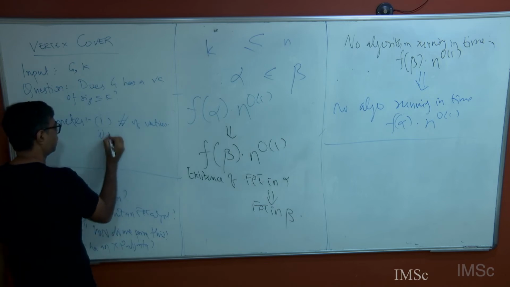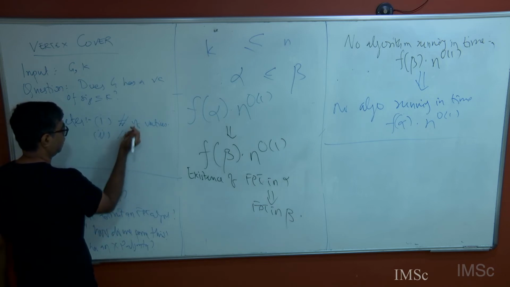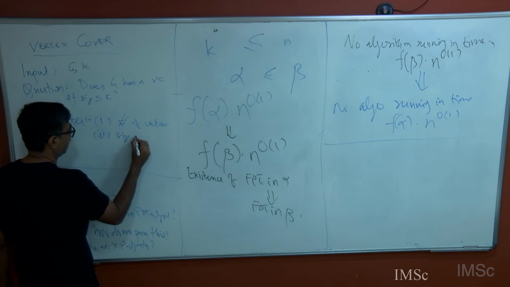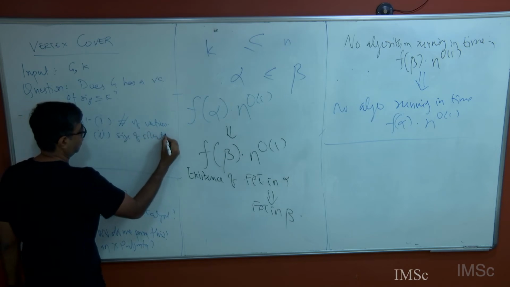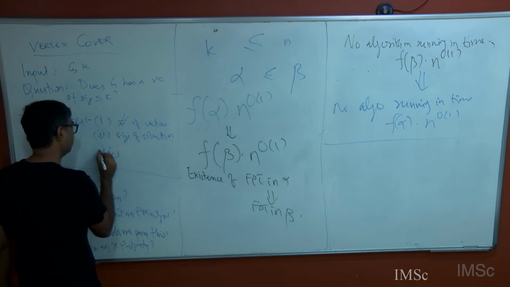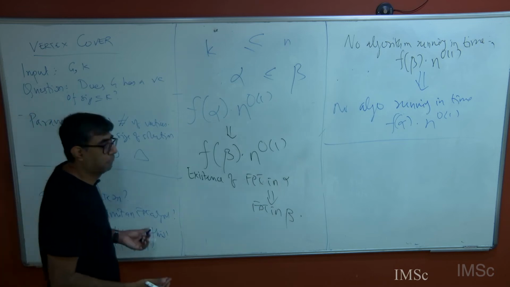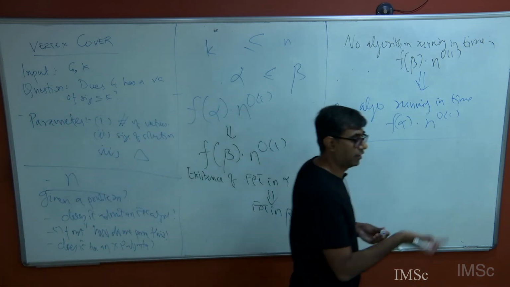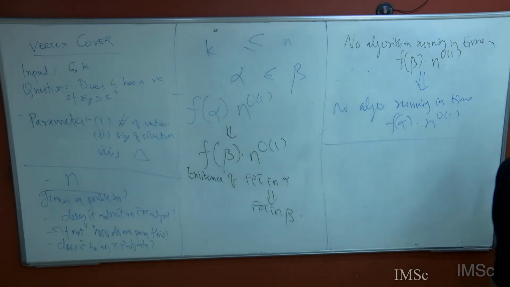I could also ask you size of solution. I could also ask you max degree. I could also ask anything else, whichever you feel. So now what function do you want to measure is just a question about how meaningful or not meaningful the question becomes.